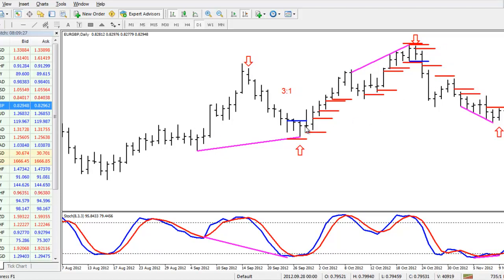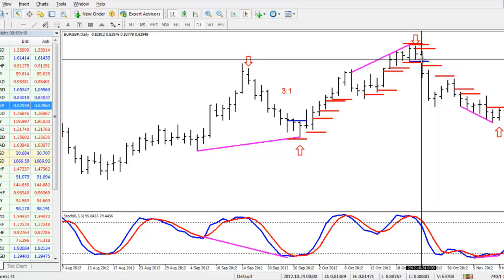And it's exactly the same thing here. We had the continuation divergence give us the trade, which ran into the reversal divergence and switched from being long to short. The reversal divergence here actually triggered the trade and ran to this next reversal divergence down here.